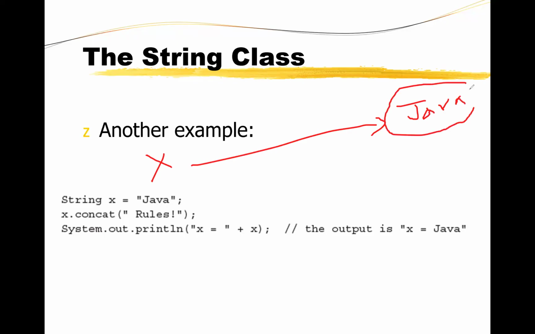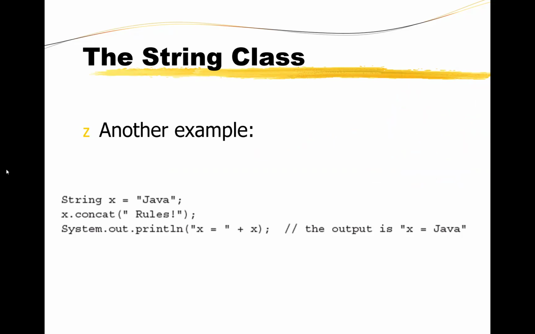And then when you say x dot concat rules, it will create another object called Java rules, but the reference will not update. It creates in the memory another object called Java rules, but x is not updated to the new object. Therefore, x would refer to Java, and it would print Java.